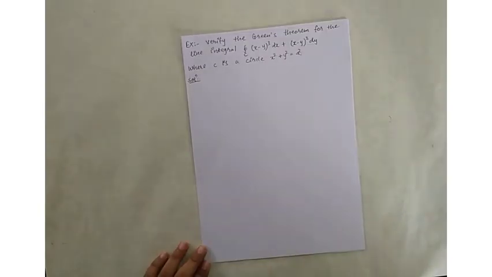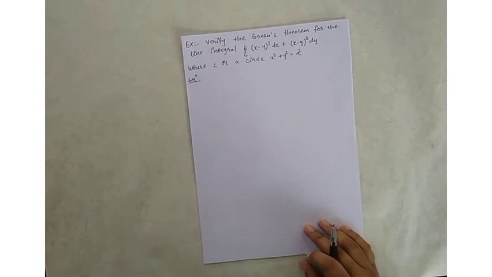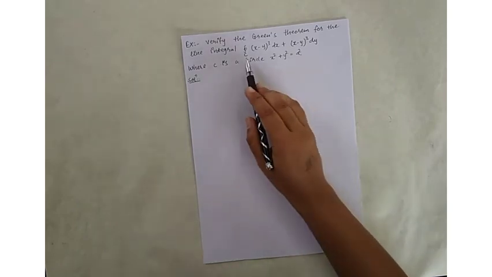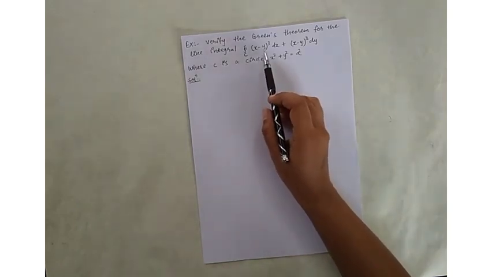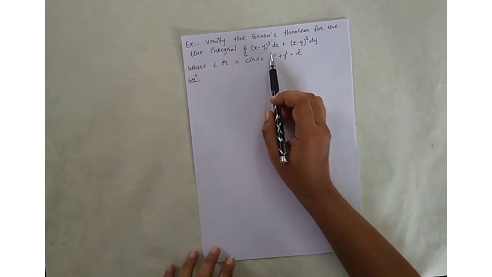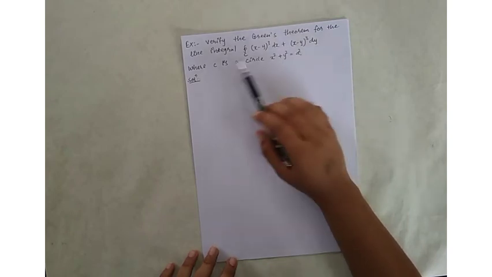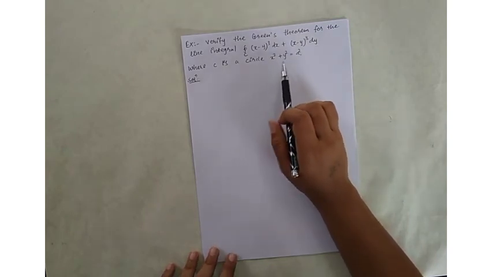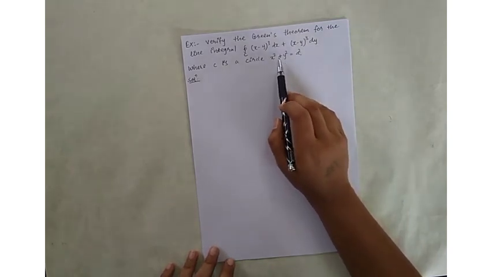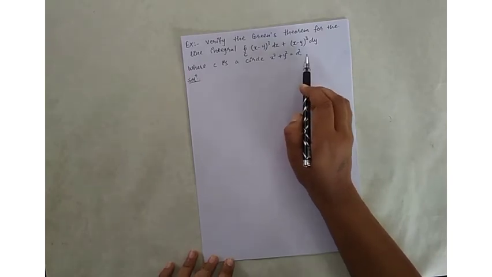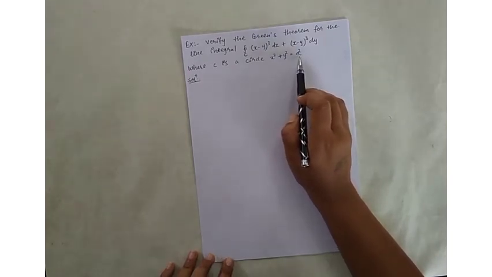So the next example is: verify Green's theorem for the line integral on closed smooth curve C of (x minus y) whole cube dx plus (x minus y) whole cube dy, where C is a circle. The equation of the circle is x square plus y square is equal to a square with radius a.